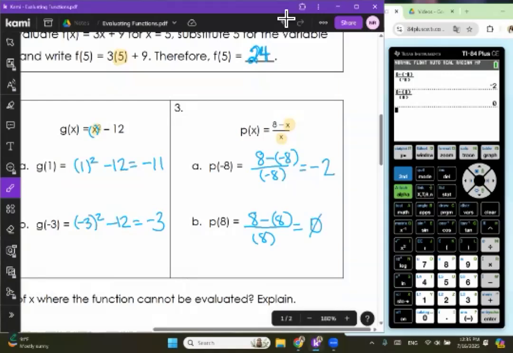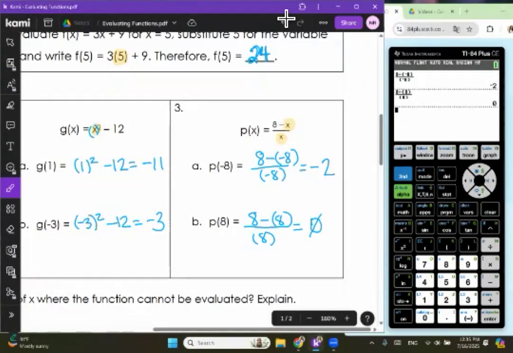Okay. So at the very bottom of this page, it says for p of x in question 3, is there a value of x where the function cannot be evaluated? Explain. Is there a number that we would be able to plug in and it does not give an answer?